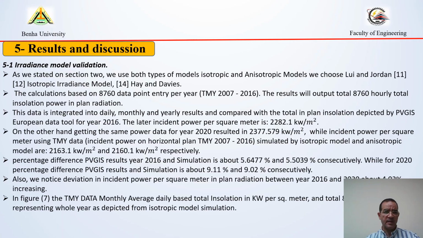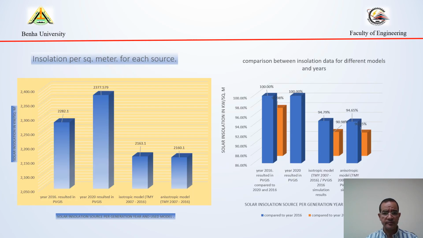Result and discussion. For the radiance model, we used anisotropic model and isotropic model, Liu and Jordan and Hay and Davis model, circumsolar model. The calculation based on 8,760 data point entry per year, and compared to the Monnier model used by the European Union.